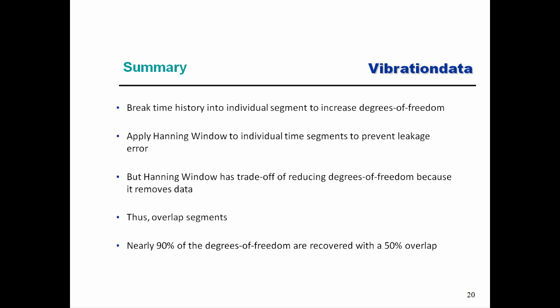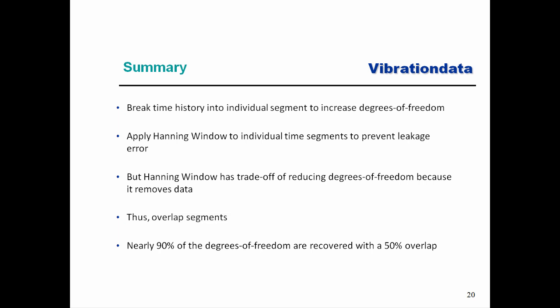Actually, we can prevent leakage altogether if we have a pure sine function and we take an integer number of cycles. But for the generalized cases, especially for random vibration, we can never fully eliminate leakage, but we can certainly reduce it by applying a Hanning window.